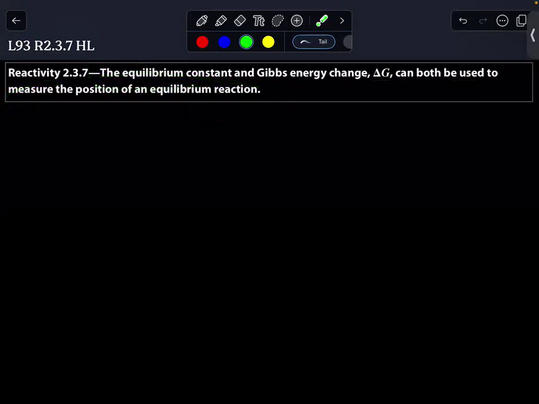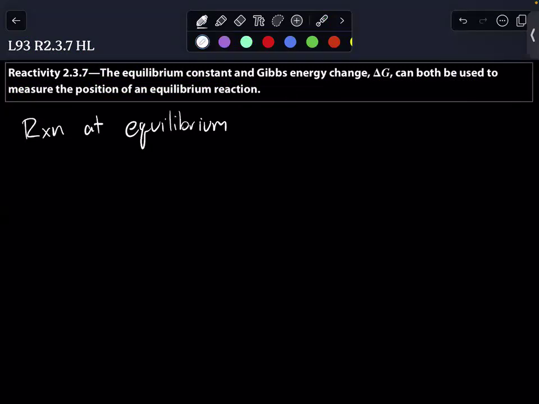One of the first things we have to discuss is that when we have a reaction at equilibrium, we can make a couple assumptions. If the reaction's at equilibrium, this is the natural state where it wants to go. Therefore, we know that entropy is at its highest.